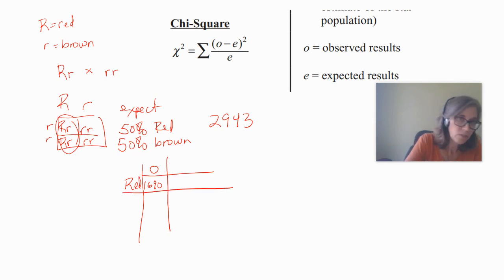And 2,943 minus 1,690. That means the ones that had brown eyes, and this is observed, meaning that's what I actually counted up, so 1,253 of them had brown eyes.